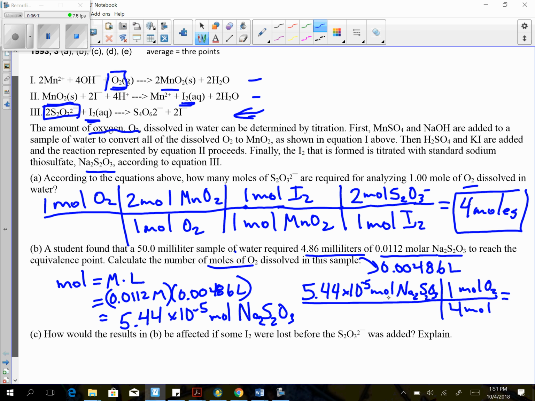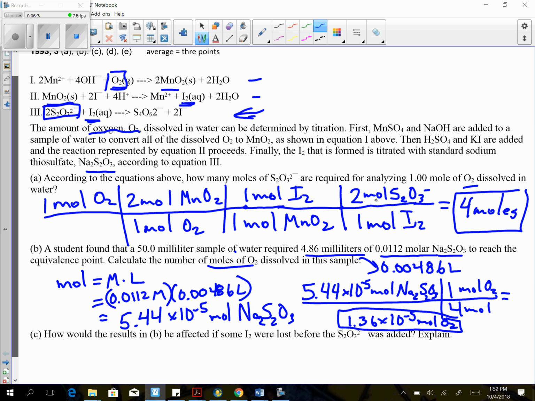So divide: 5.44 times 10 to the minus fifth divided by 4. It's 1.36 times 10 to the negative fifth moles of O2.